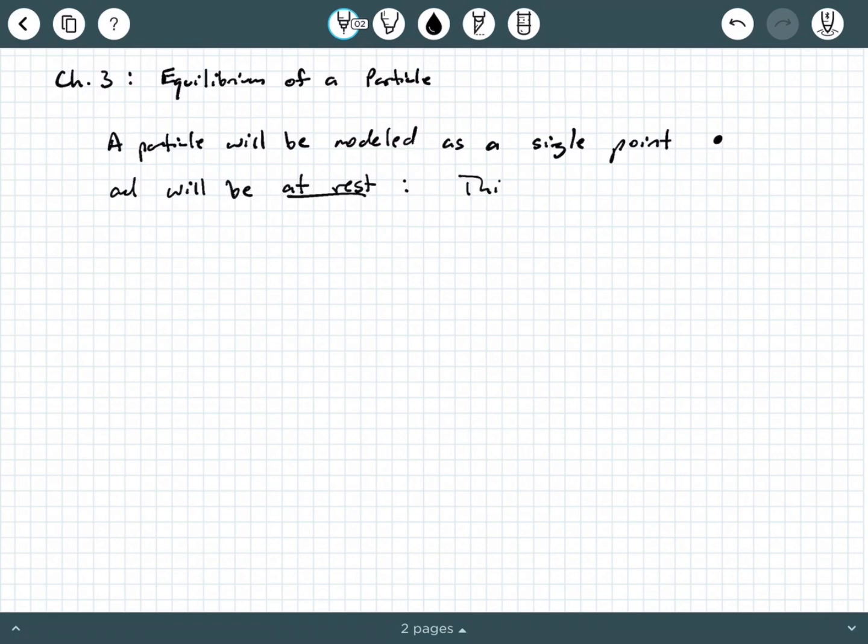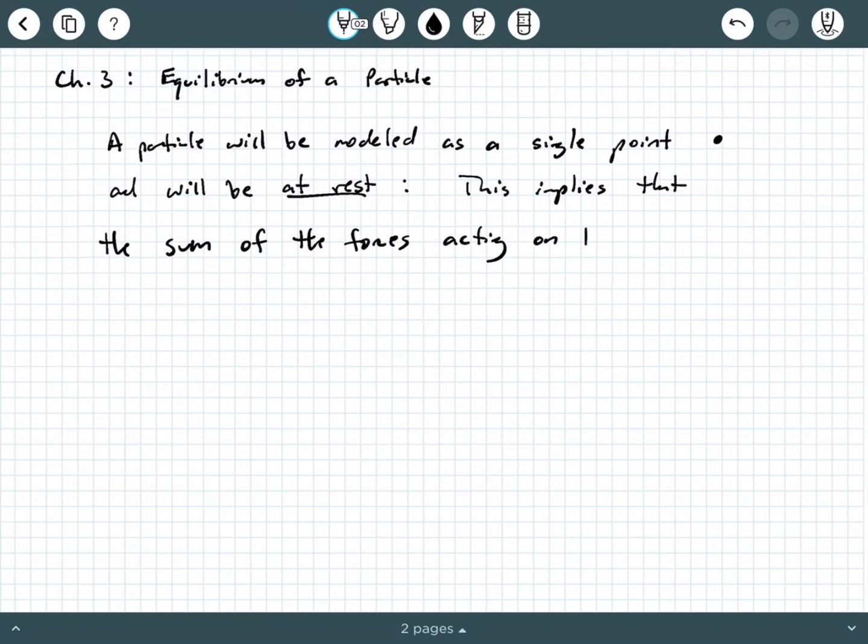So what this implies is that the sum of the forces acting on that particle equals 0. So that means the summation of all of the force vectors acting on a particular particle equals 0, all right? And that's generally how we think of this.